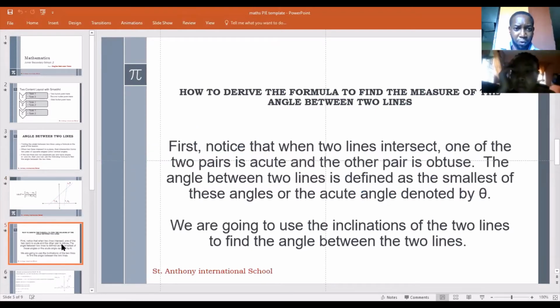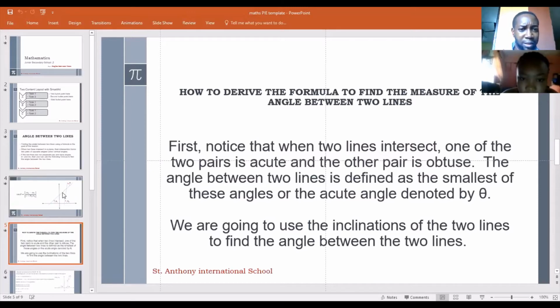First of all, notice that when two lines intersect, one of the two pairs is acute and the other pair is obtuse, right? The angle between two lines is defined as the smallest of these angles, or the acute angle denoted by theta.